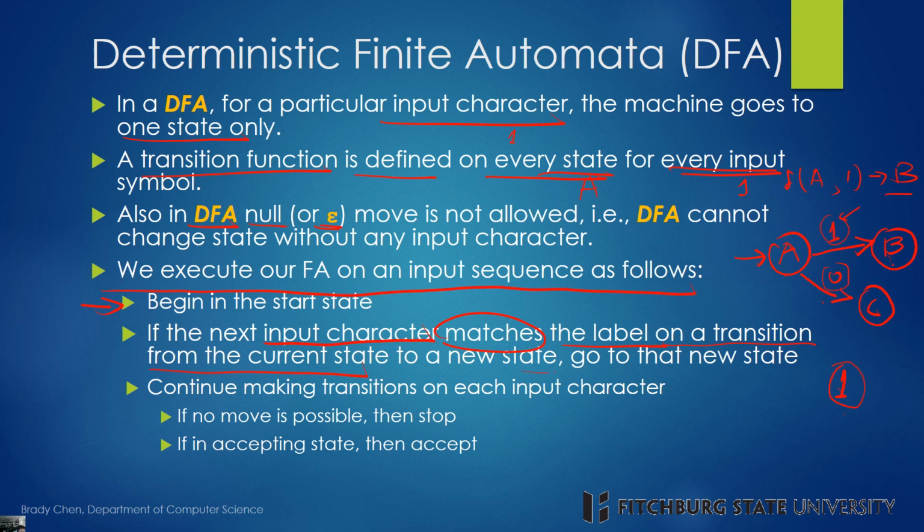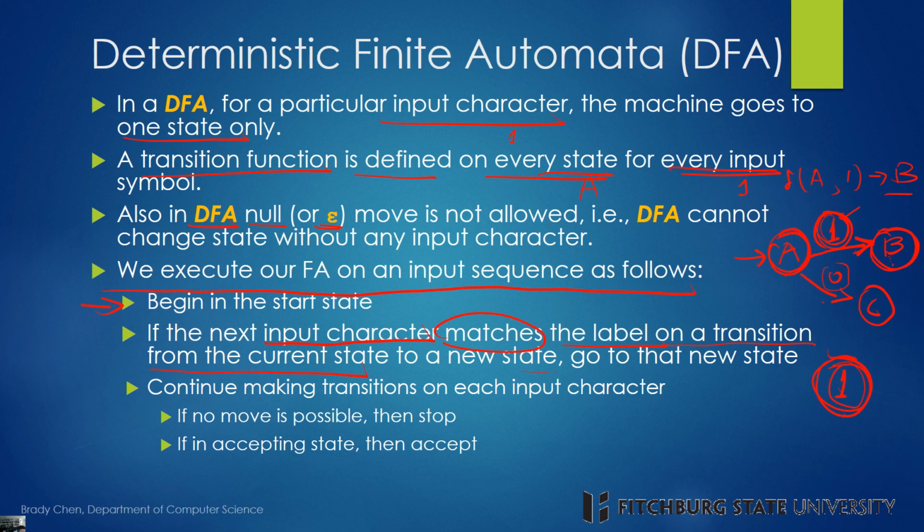Now this input 1 matches the label 1, so from the current state A, we go to B.